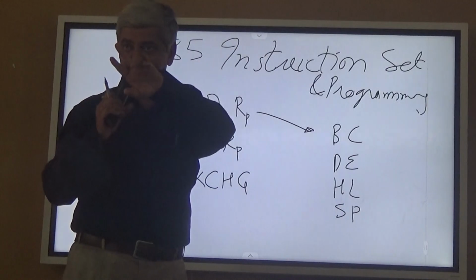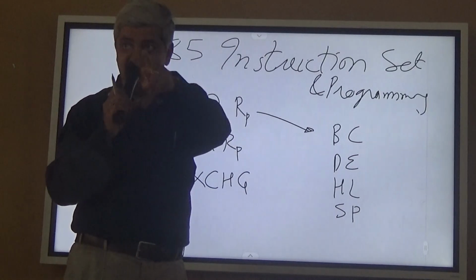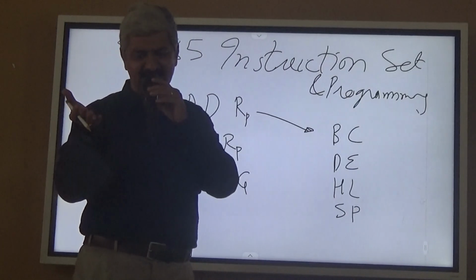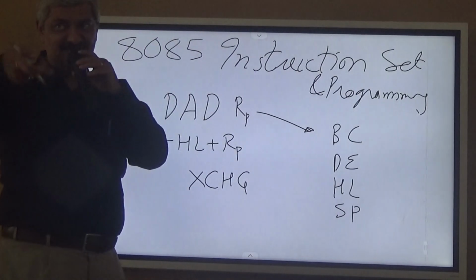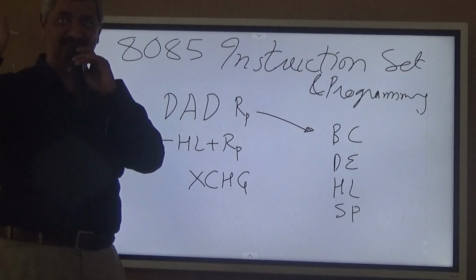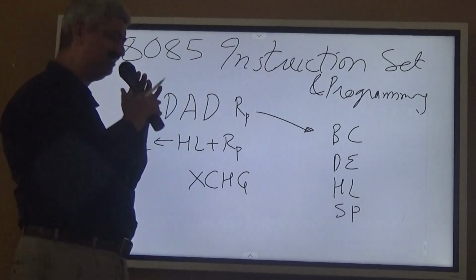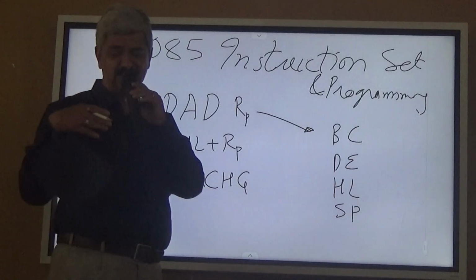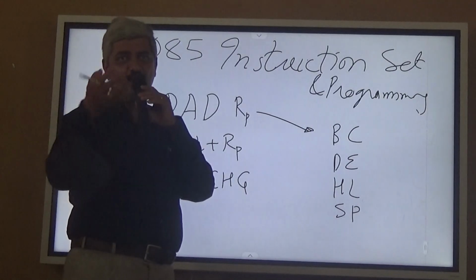Are you getting me? Exchange, even though quite simple, is a bi-directional data transfer instruction, but achieving it without such an instruction is not so easy. So the exchange instruction provides a somewhat easier way of programming.